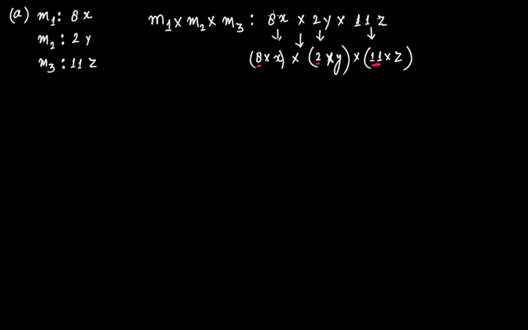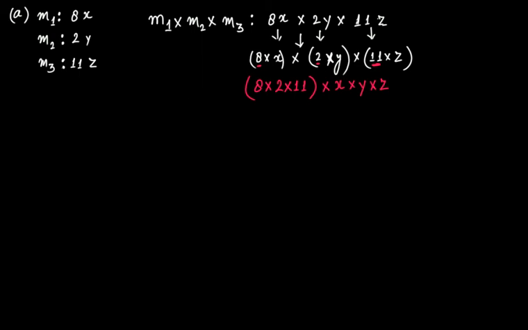In this case 8 is the numerical coefficient of this term. So 8 multiplied by 2 multiplied by 11, right? And then multiplied by x multiplied by y multiplied by z.